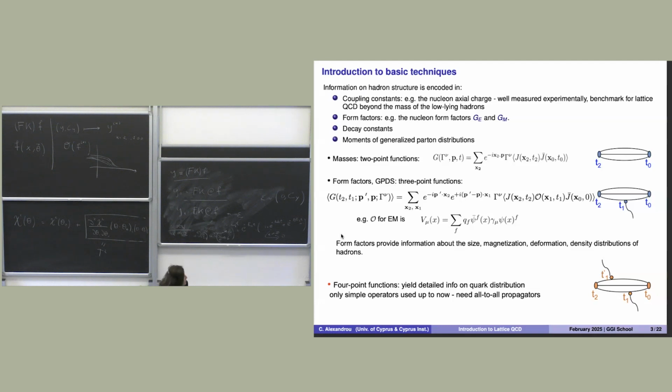Okay? So I have to compute creation, operator, annihilation. This is what we call a three-point function. And I can go even further and compute four-point functions. I need this for certain other things. So the higher the function, the more difficult it is to calculate.